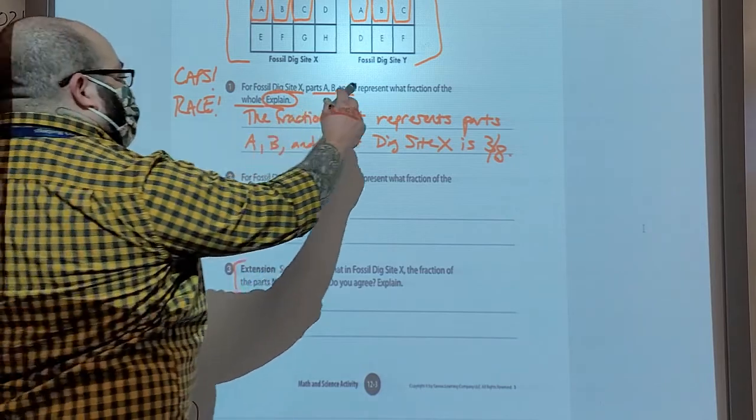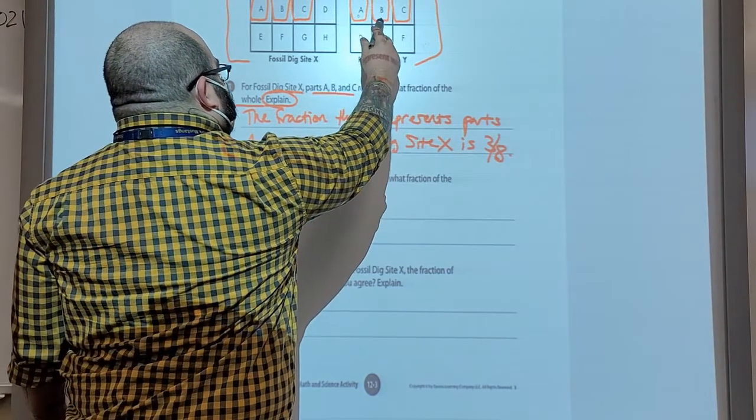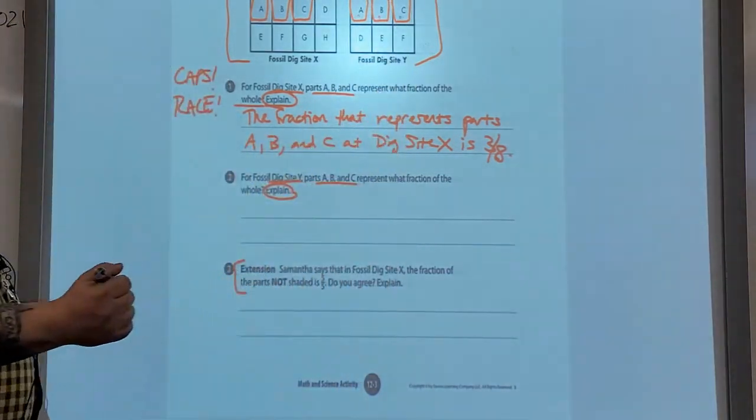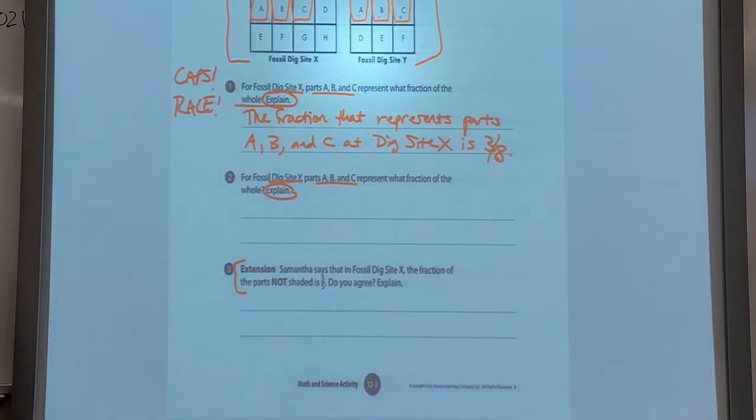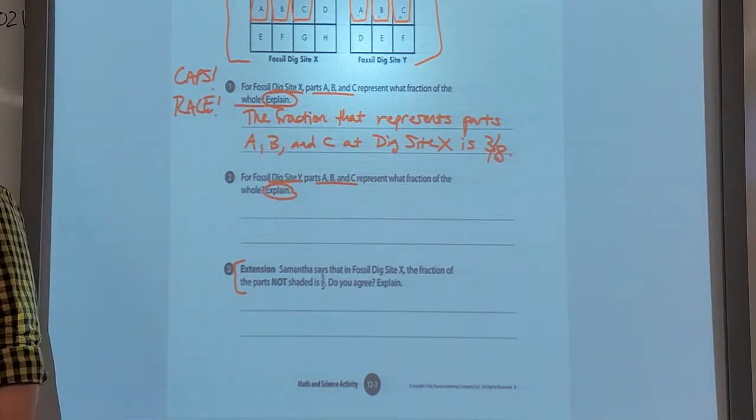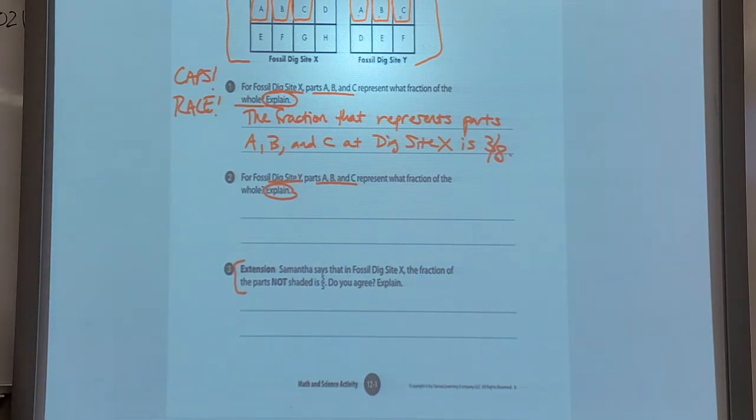Now we're just looking at fossil dig site Y. A, B, and C are still shaded, but there aren't 8 parts now. How many parts are there? Chloe Schmidt, what's the sentence that you put? The fraction that represents parts A, B, and C at dig site Y is 3 out of 6. That is correct. 3/6. Exactly.